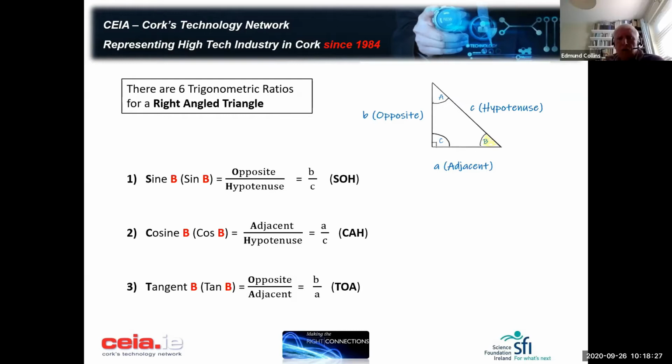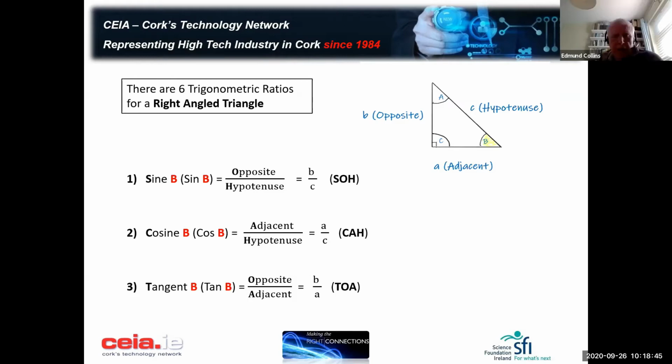Now, it's very important to remember that these trigonometric ratios are only used for right angle triangles. So that's very important. If you have any other sort of triangle, you cannot use these. You use other techniques.